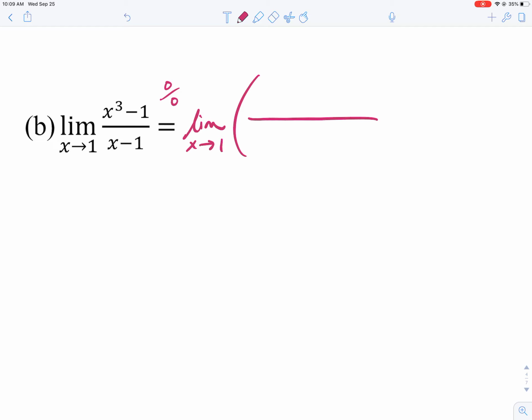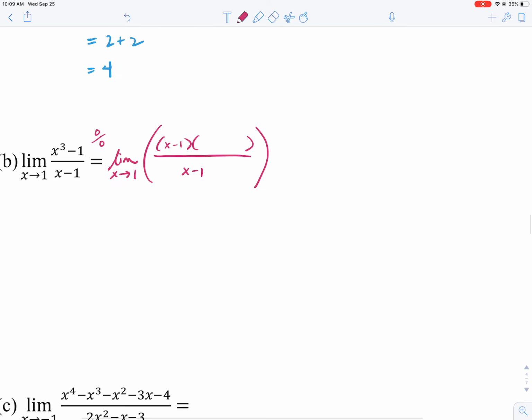And since when we substitute 1 in, we're getting 0 over 0, x minus 1 has to be that common factor. So if you want to figure out what times x minus 1 would give you the x cubed minus 1, you could always use polynomial long division, or you could also use synthetic division. But since we've already used polynomial long division, because you're trying to figure out what times x minus 1 would give you x cubed minus 1.